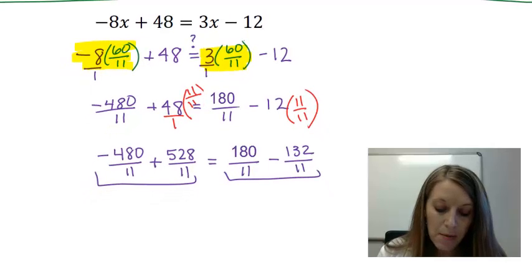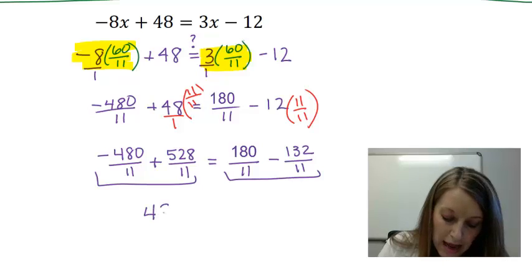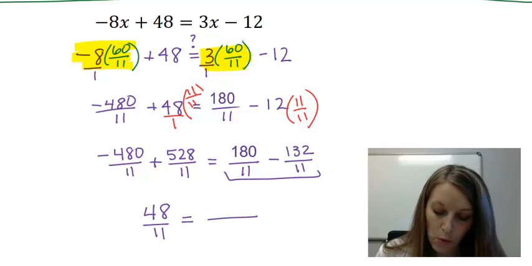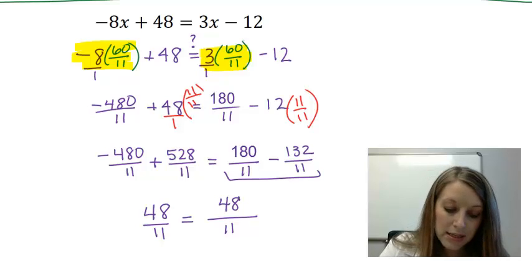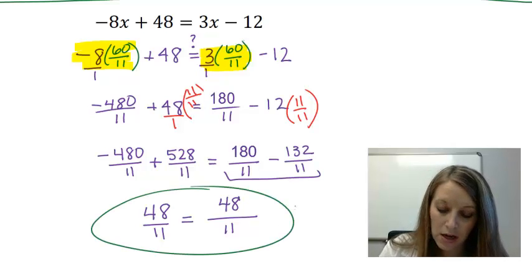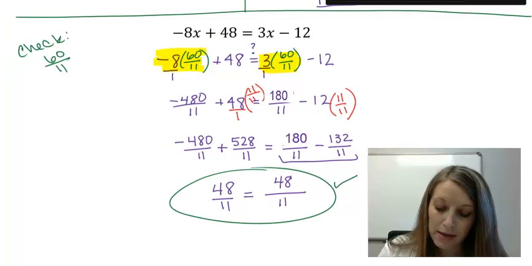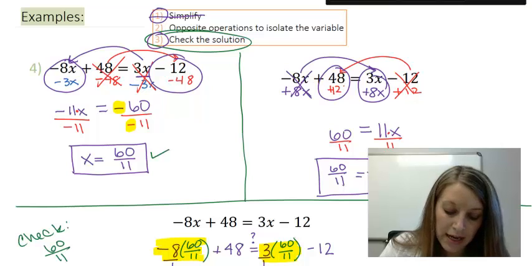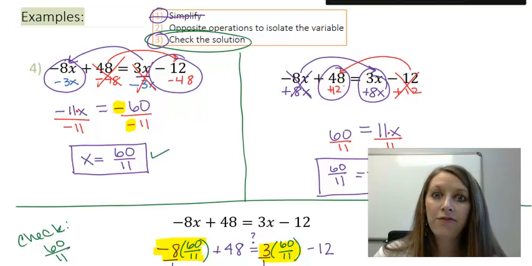So negative 480 plus 528 gives me a 48 over 11 on the left. And on the right, 180 minus 132 gives me a 48 over 11 on the right. Since I have the exact same things on both sides of the equation here, that means I have the correct solution. So that means 60 over 11 does check out, and I have my official final answer to this problem.